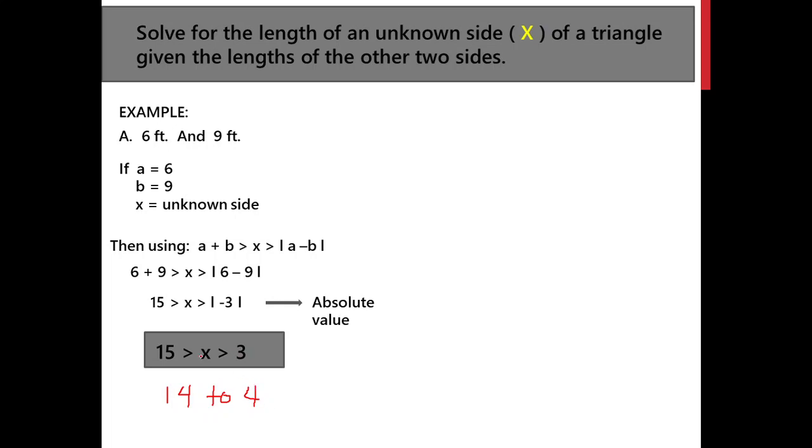So that's 4, less than 15, that's 14. So it's in between these values, or the possible third side of 6 and 9, in order for this one to become a triangle.